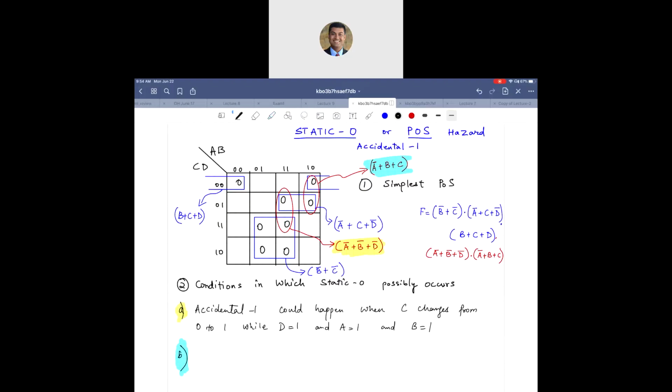What is that? In this case, D changes from 0 to 1, while, let's see, A is a 1 and B is a 0, and C is a 0.